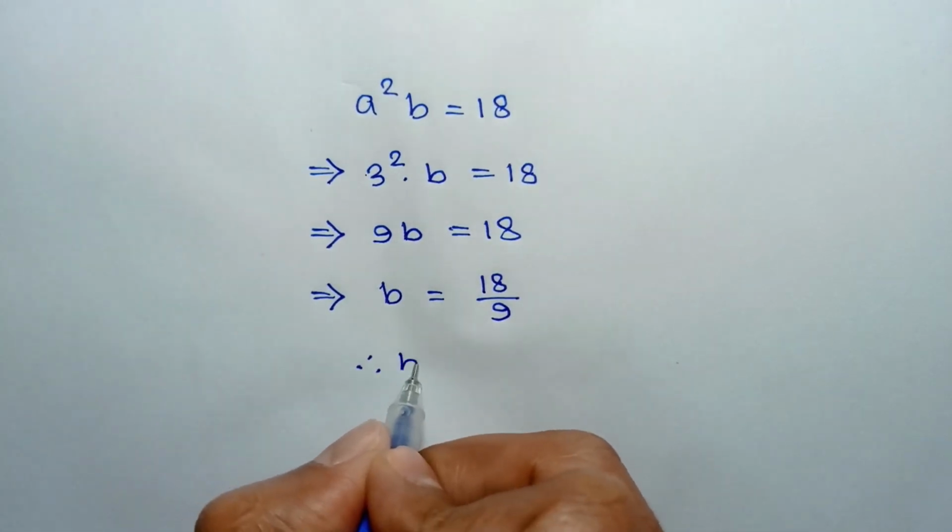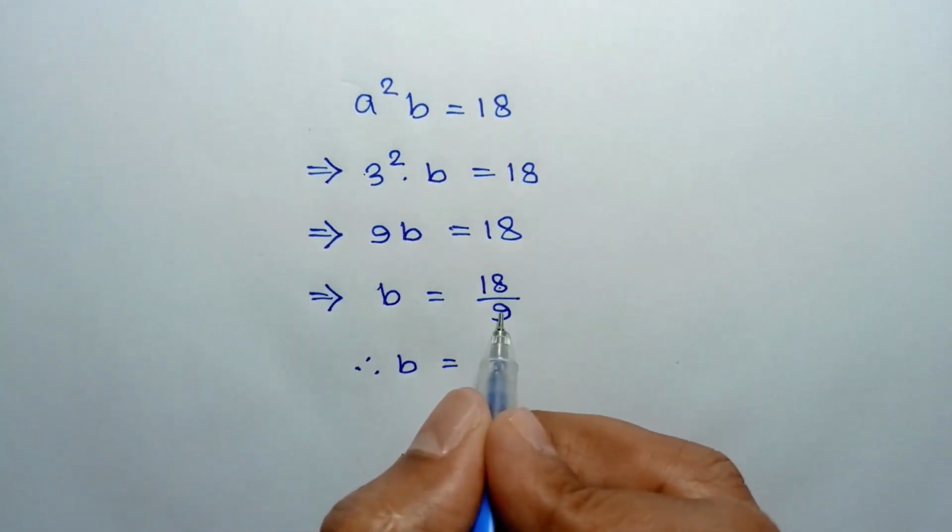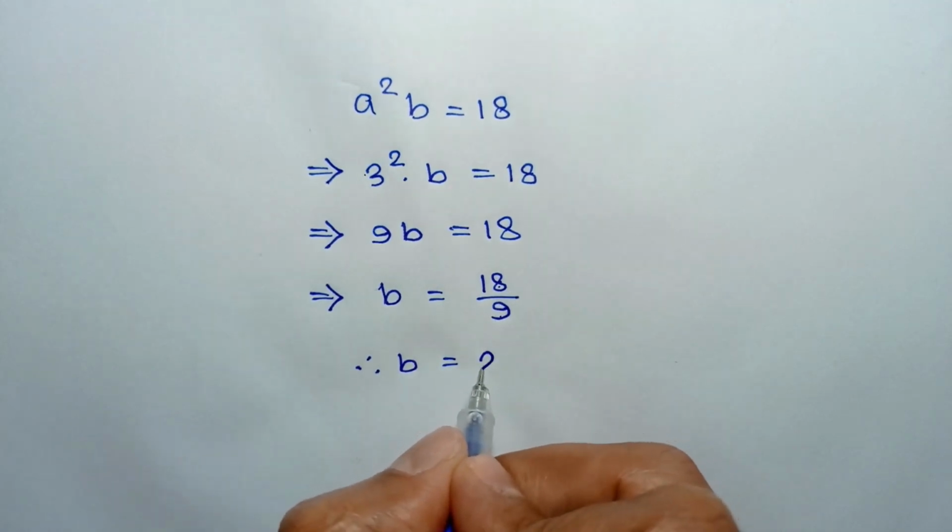So the value of b is equal to 18 over 9 is 2.